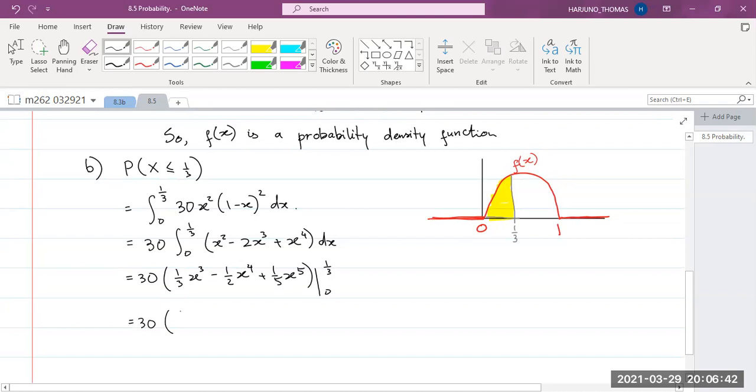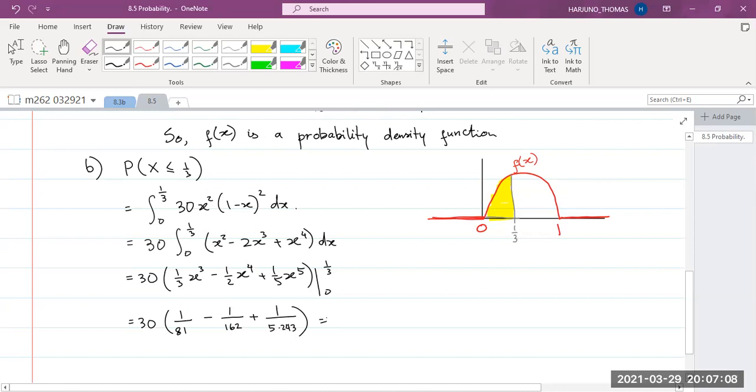So that is 1/81 minus 1/162 plus 1 over 243 times 5 times 243. That's the probability.